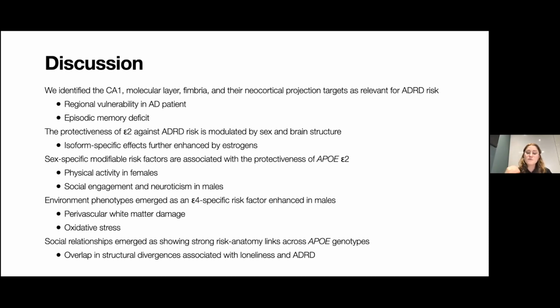Our analysis of risk anatomy link has especially uncovered a distinct set of social phenotypes that are related to happiness, family relationship satisfaction, and friendship satisfaction, and have emerged across most APOE gene variants in a way that were independent of E4 status and departed from traditional Alzheimer's disease risk factors.